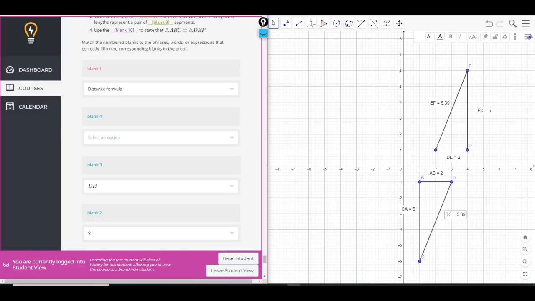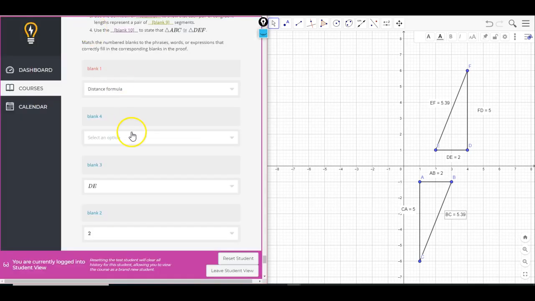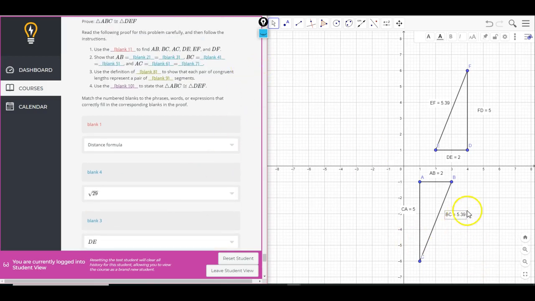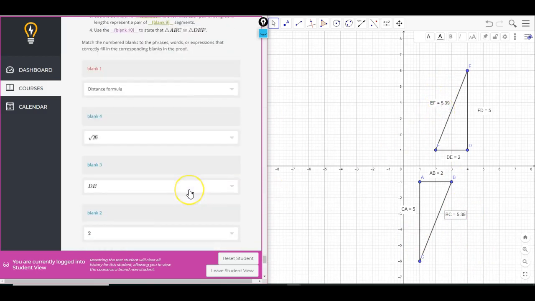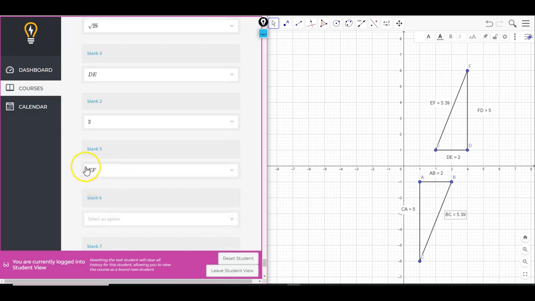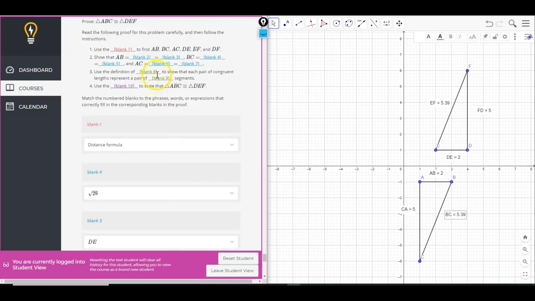So that is the square root of 29. That's how I would use this tool. And that is equal to the distance of EF. So blank 5 is going to be the distance of EF. Make sure it does not have that segment bar above it, or it's talking about the segment, not the distance. And that does matter in math.